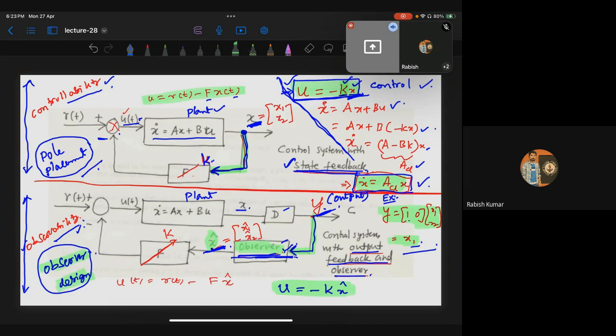Y is equal to only X1. The output is available directly, so we can say that X1 is available, but we don't know anything about X2. So in that case, we need to estimate or observe X2 also. For that we check the observability, and if it is observable, then we design the observer based upon the output feedback.